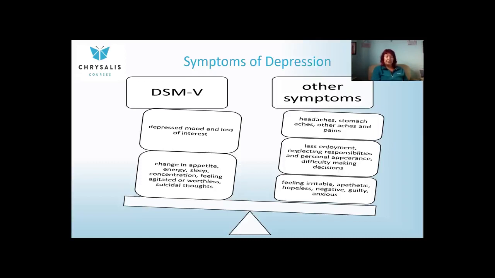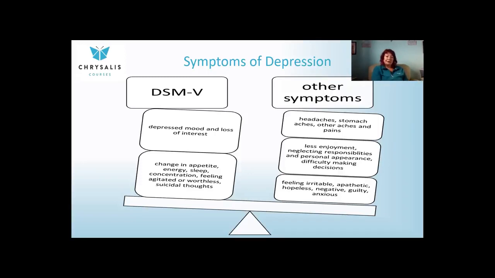But we also have to think about the possibility of learned behaviour as well as genetics, because somebody who is around two depressed parents could easily learn that behaviour. So it might be hard to tell whether something is genetic or learned.